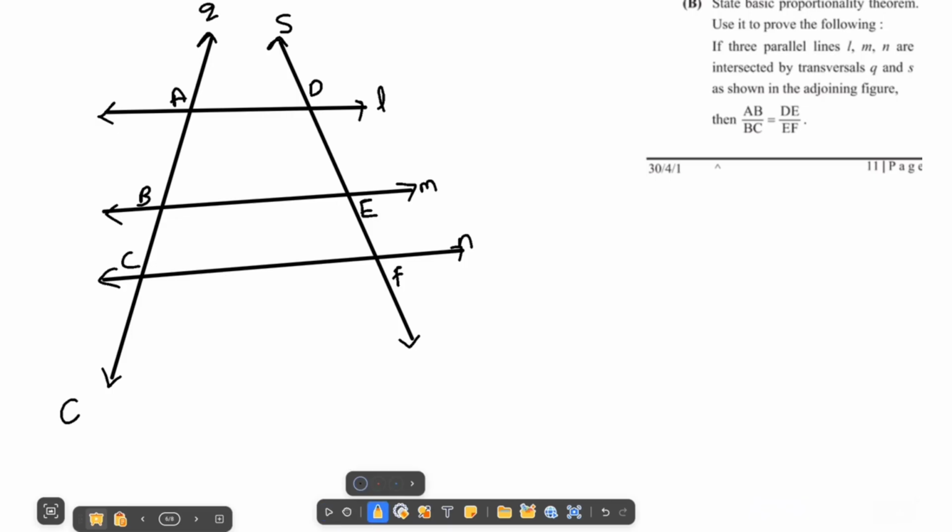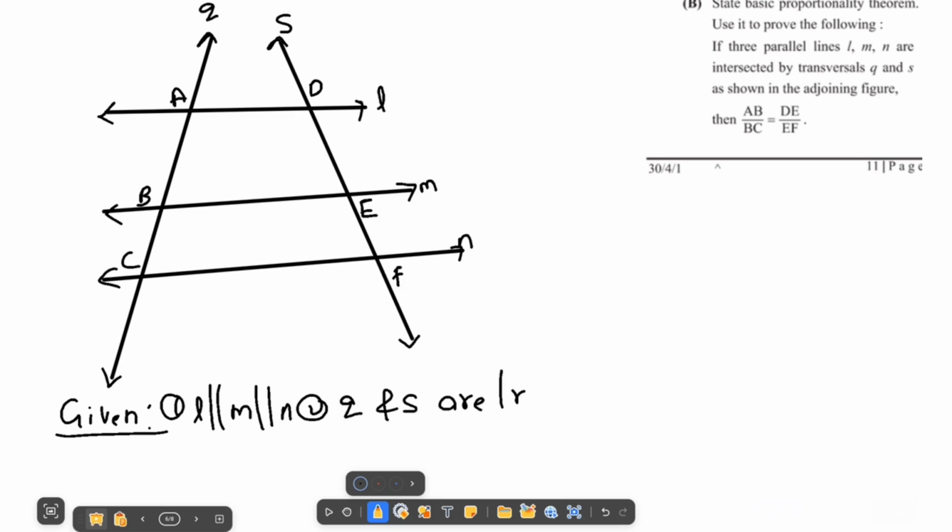So what is given here? It is given that first thing, L is parallel to M is parallel to N, and second thing is Q and S are transversals. So they are transversals.